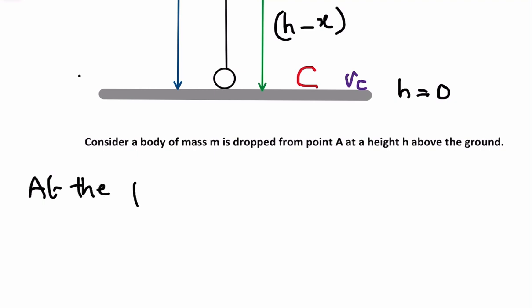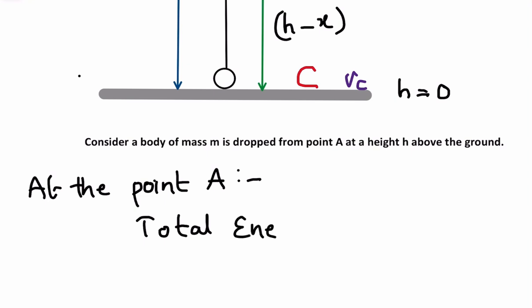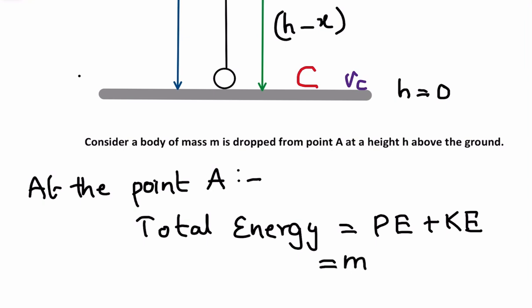At the point A, total energy is always the sum of kinetic energy and potential energy. So, it is PE, that is potential energy, plus kinetic energy KE. And we all know the formula for potential energy, which is mgh, and the kinetic energy is half m v square, but at the point A it is VA square.